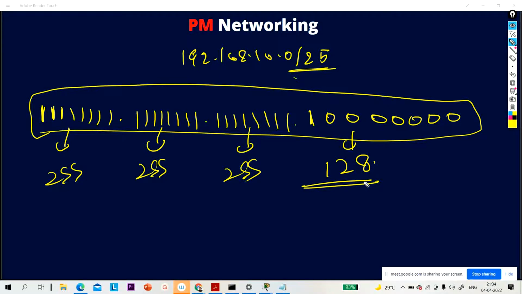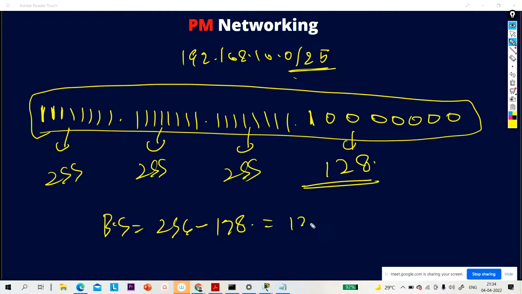So the subnet mask of that octet where the last one is present is 128, because here the last one is present in the 4th octet. So what will be the block size? Formula is 256 minus subnet mask of that octet where last one is present, that means 128.